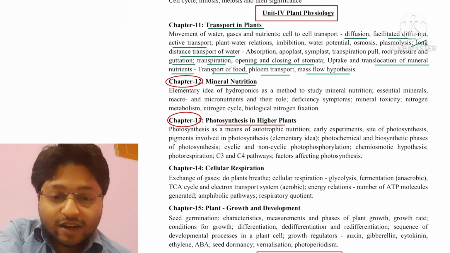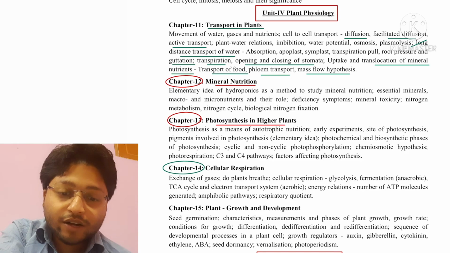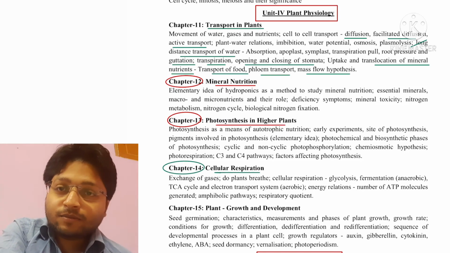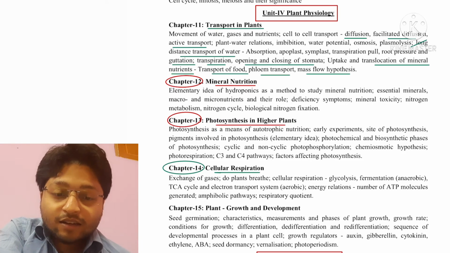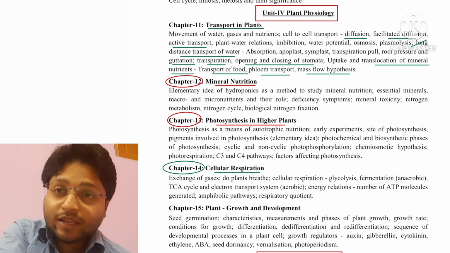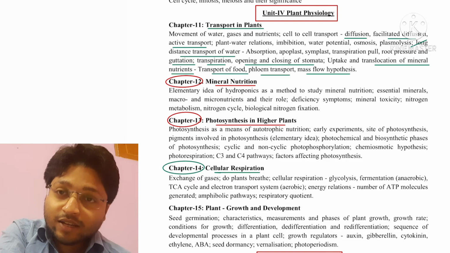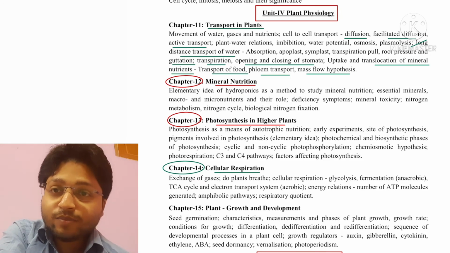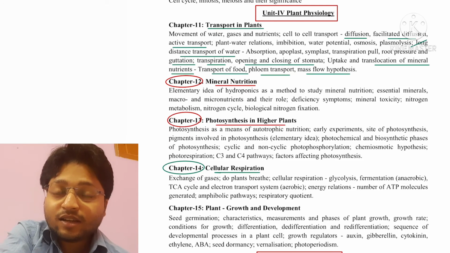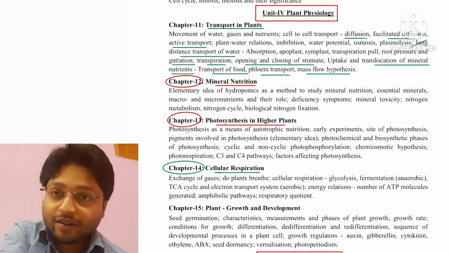So next, in the next chapter, chapter number 14, cellular respiration in plants. Okay, this is not actually the breathing, but actually it is the cellular respiration. That means the process by which plants derive their energy, right?